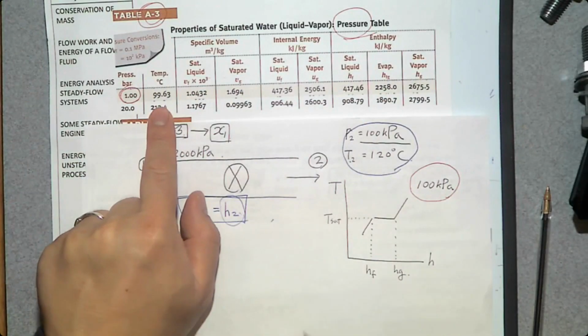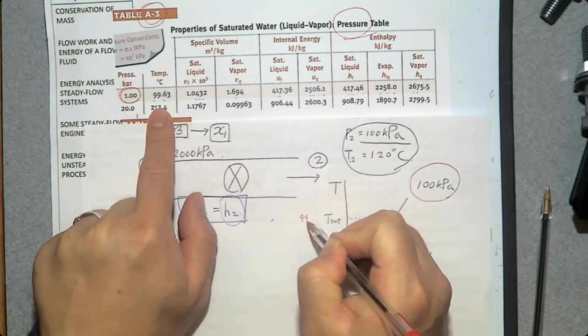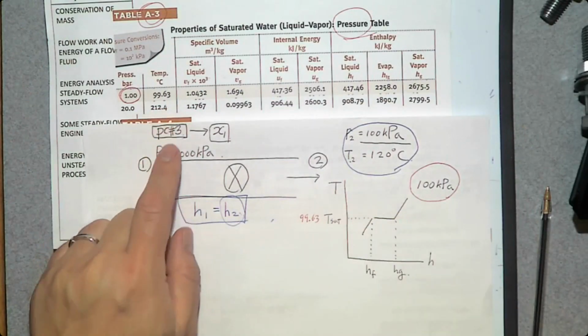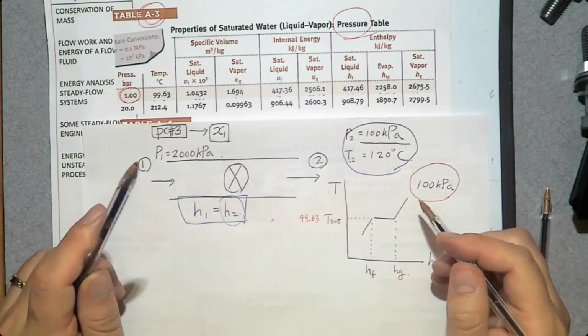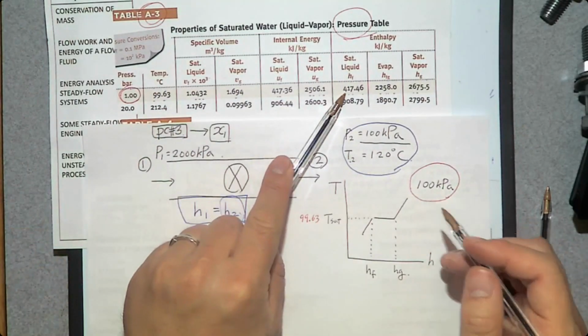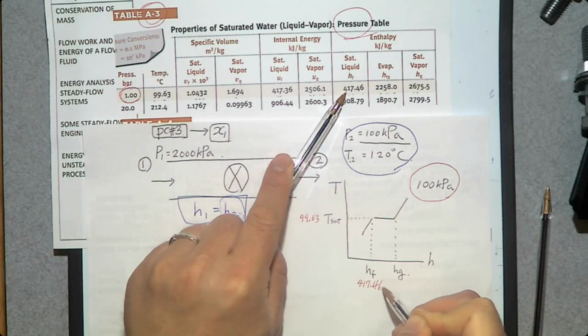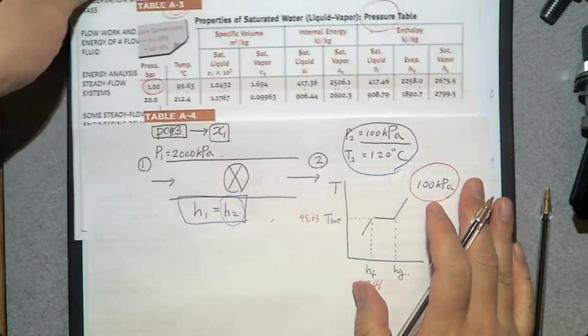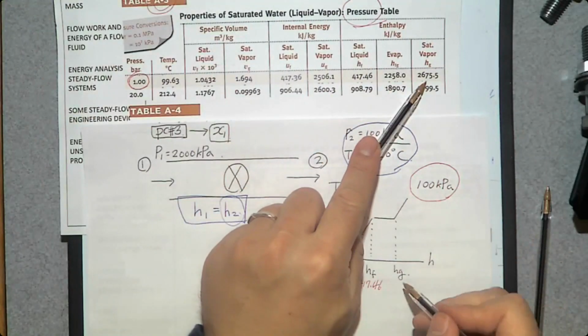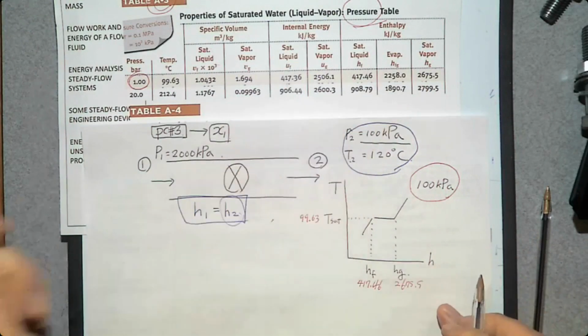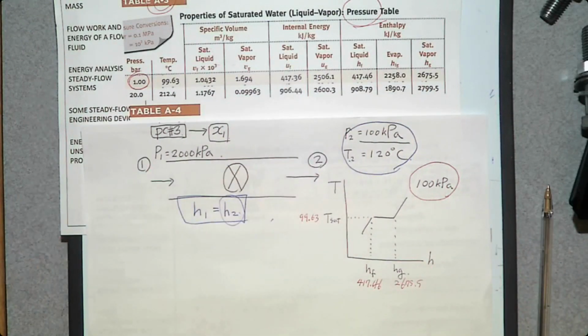T sat is 99.63, and hf is this one, 417.46. hg is this one, 2675.5. So that's how you complete this T-h diagram.